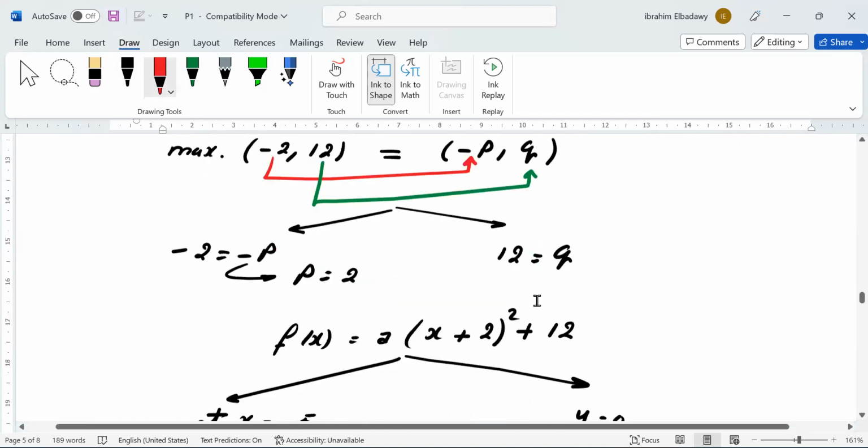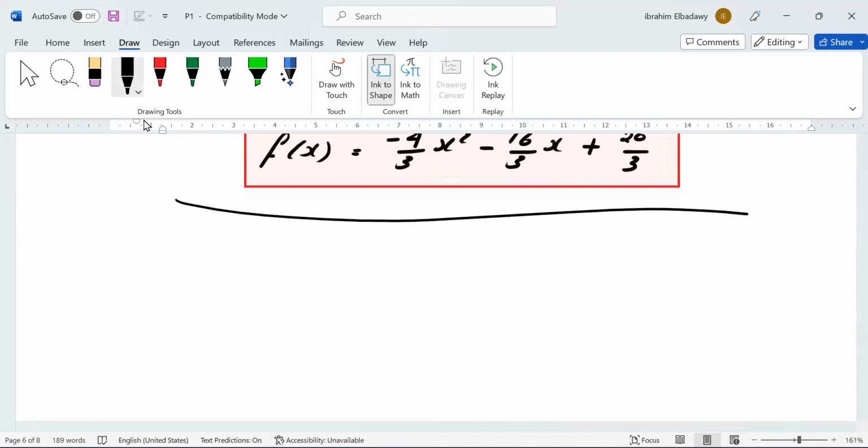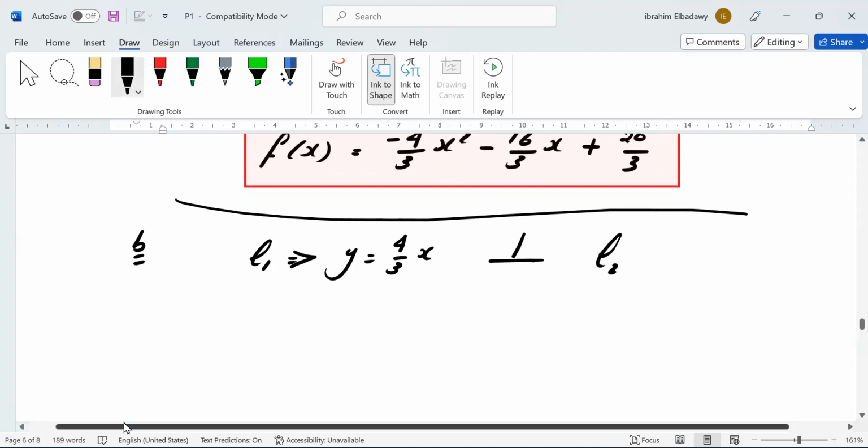Okay, here in this question, question number B, you have line L1, y equal to 4 over 3 x. You have line L2, and the lines L2 and L1 are perpendicular to each other. So M2 equal to negative 3 over 4. And L2 passes through the point negative 5 and 0.